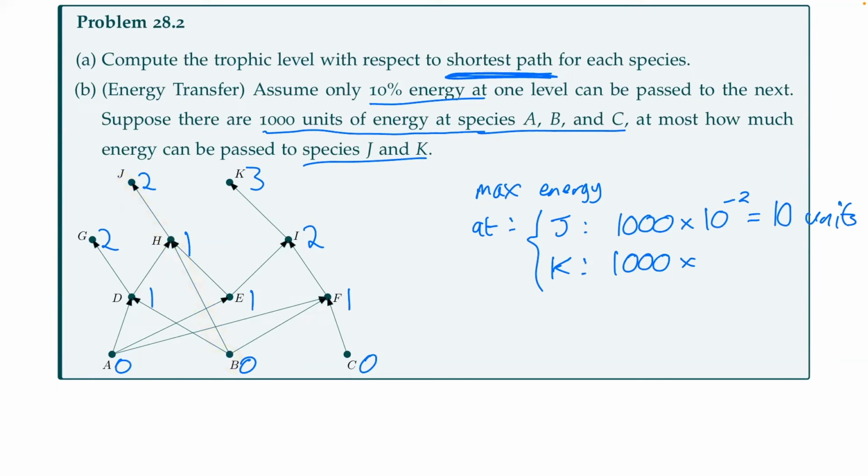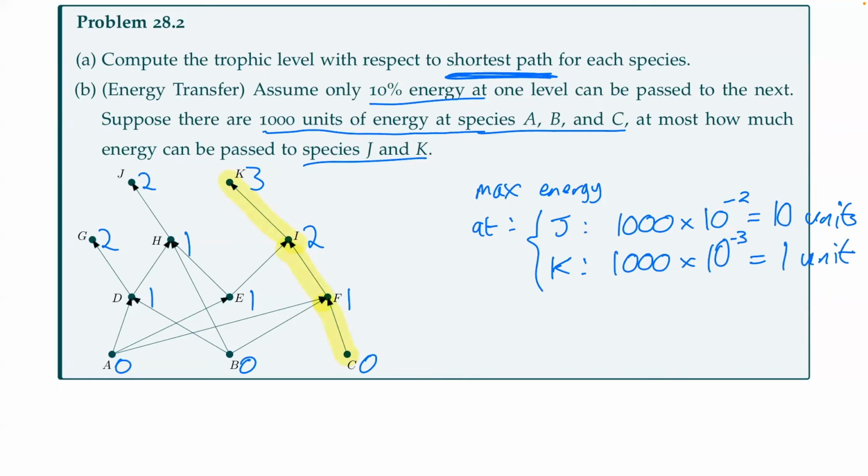Okay, what about if we're going to species K? Species K, suppose we are going this time from C through F through I through K. So here we do 10 to the minus whatever the trophic level is. Okay, in this case 3, it's going to be 1 unit.